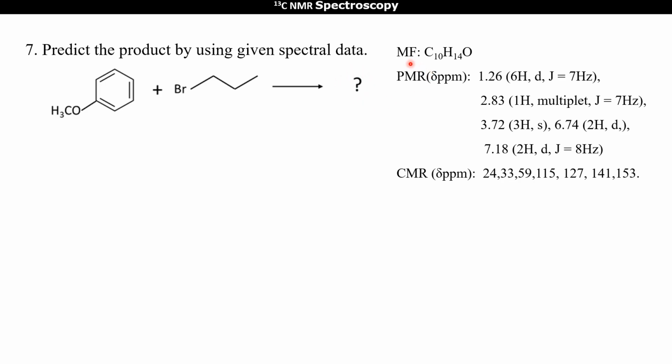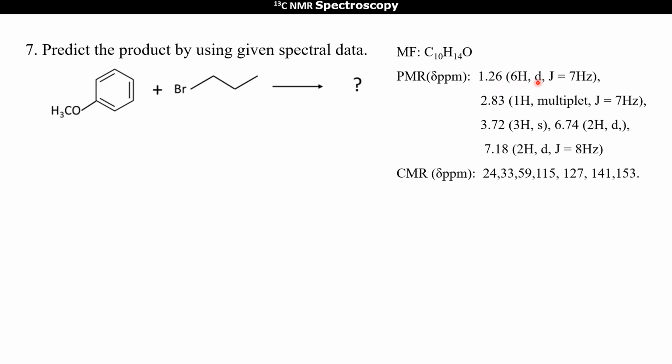The molecular formula is C10H14O, PMR data: 1.26 6H doublet, 2.83 1H multiplet, 3.72 3H singlet, 7.18 2H doublet, and the CMR: 24, 33, 59, 115, 127, 141, 153, etc. By using that spectral data, we can assign the structure of the product.